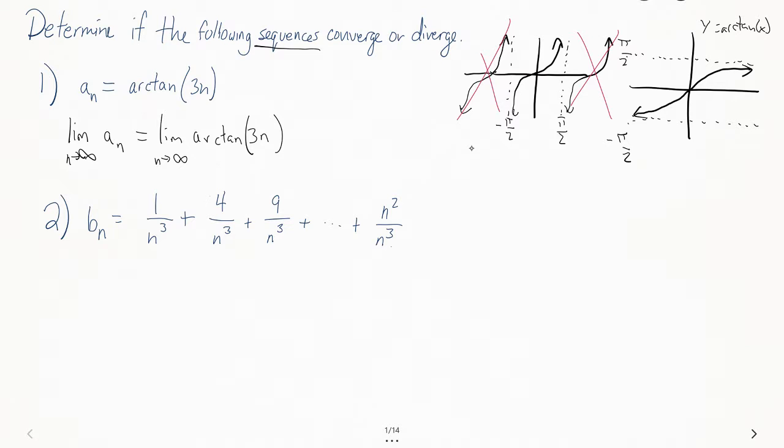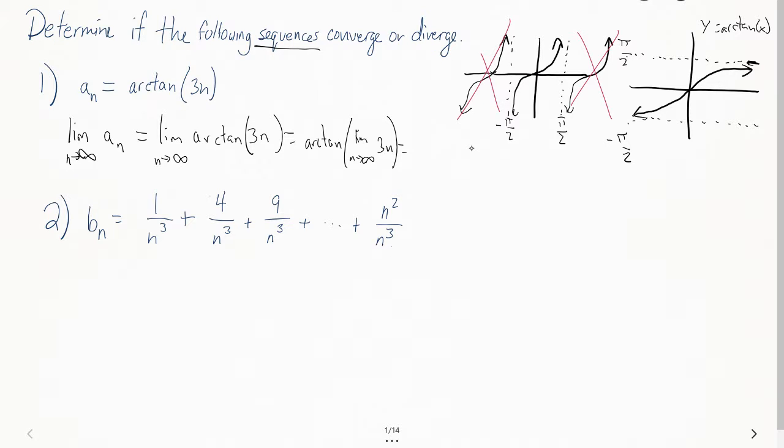Okay, so now that we have that graph in play, we have a pretty good idea as to what happens. Notice that's 3 over x, and this is going to be 3n. But the nice part is, since arctangent is a continuous function, we can take that limit to the inside. So you get the limit as n goes to infinity of 3n. And that inside is going to infinity. But notice, as we go to infinity, what are we approaching? Well, we're getting closer and closer to this horizontal asymptote of pi over 2.